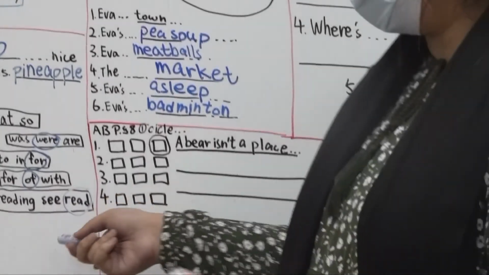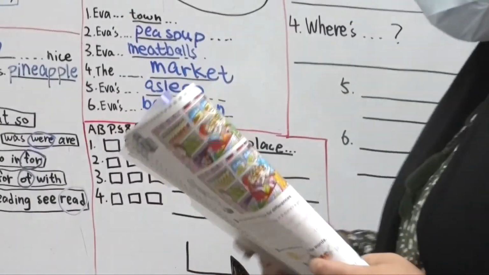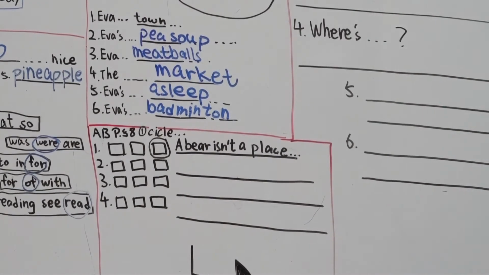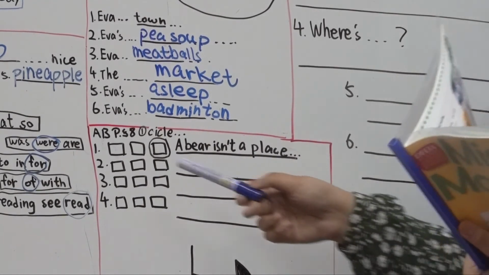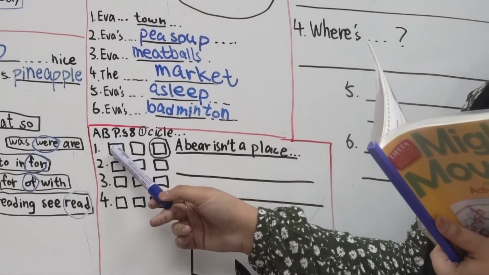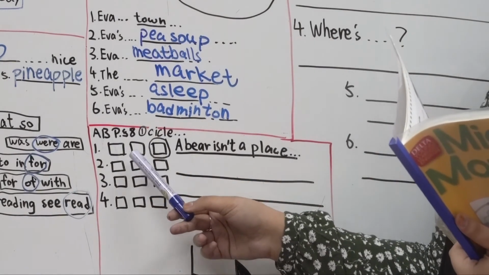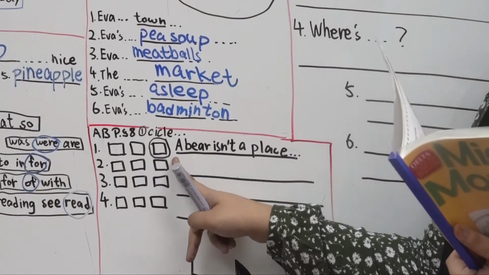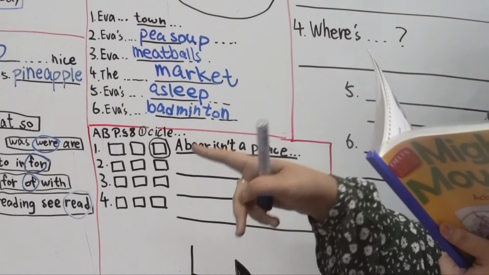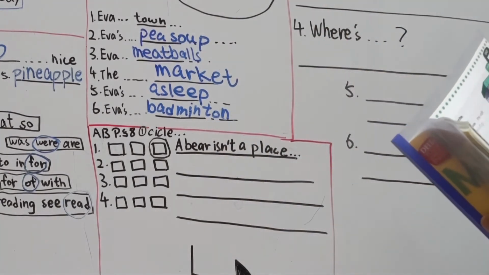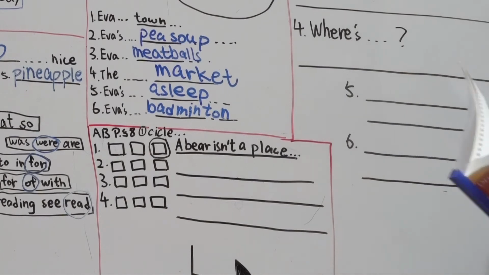Great, so we are done with this page. Let's move on to page number 58. Circle the odd one and write. So, here's a picture of, this is an example. Here's a picture of library, supermarket, and a bear. So the odd one is a bear, of course, because a bear is in a place, in a town, right?